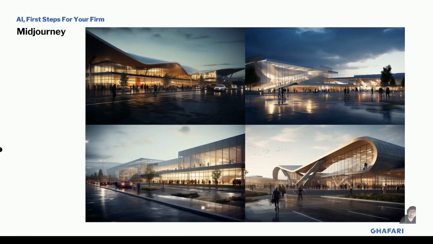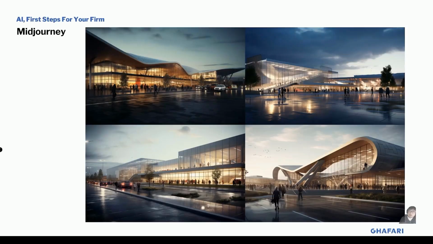And this one is more photorealistic, and there are definitely a lot of cue references from some of the previous buildings, so that a distinctive architect style has been applied to these generated images.